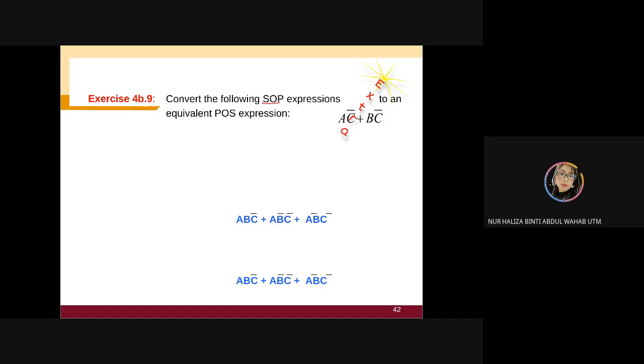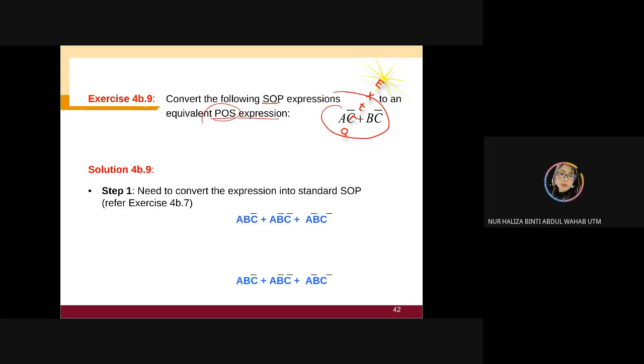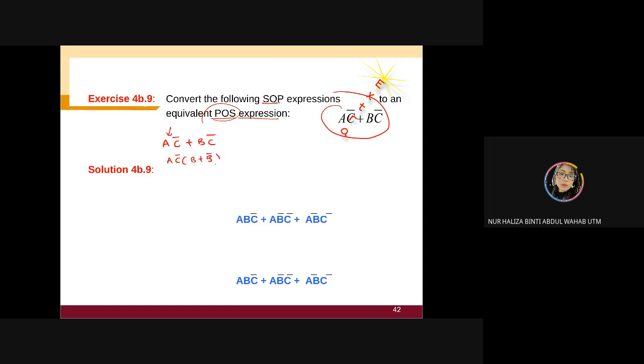Now you have SOP and it asks you to come up with a POS expression. Of course, you're going to do one by one, which is A C bar plus B C bar. What is missing here? You're going to have A C bar, B plus B bar, multiply. B C bar, you multiply with A plus A bar.